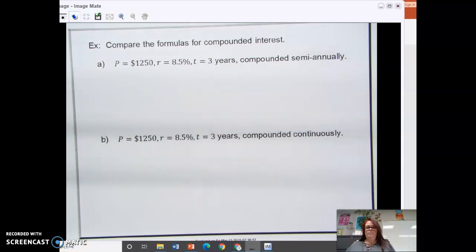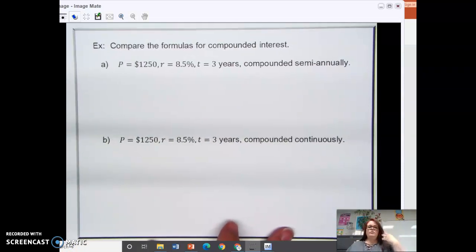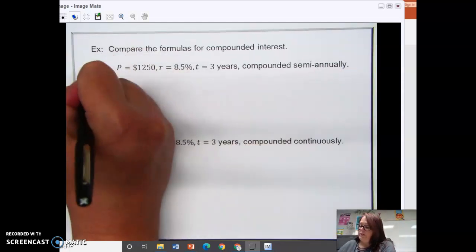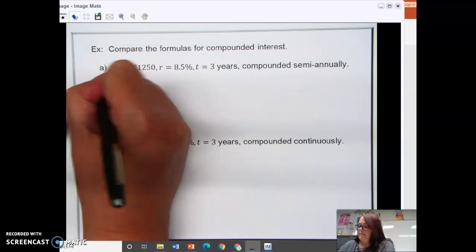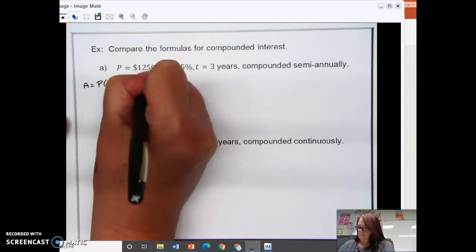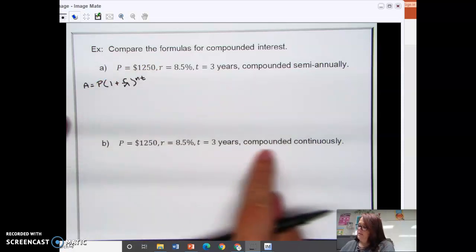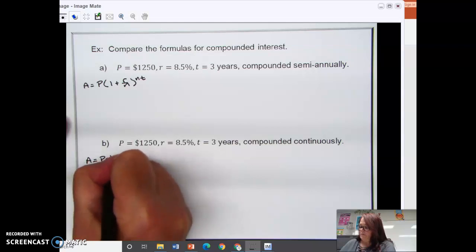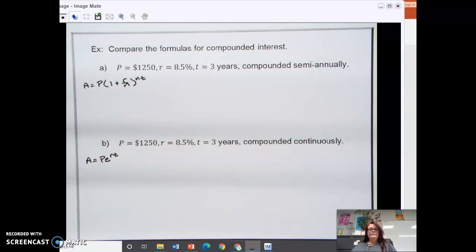All right, so take a moment to read the next question and compare the formulas for compound interest. So what that means is on this first one, since we're compounding semi-annually, we're going to use the formula from yesterday. And then this one is saying compounded continuously, so we're going to use A = Pe^(rt). So then the question is going to be, which one is going to give me more money when I'm done?